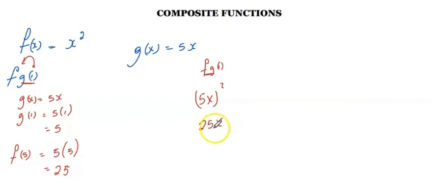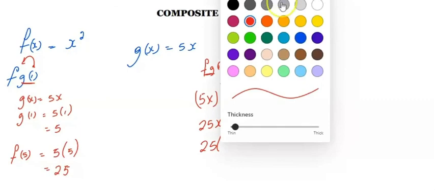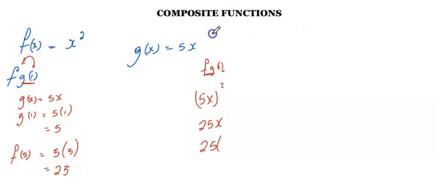If you have 25x and you are going to substitute the 1 where you see x, it would be 25, open bracket, you are going to put 1 where you see x. And when you put 1 here, it is 25 times 1 because you have a bracket, and the answer would be equal to 25. So whichever method you decide to use, you're still going to get the correct answer.